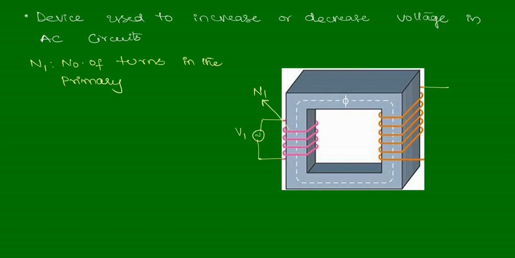And this is called the secondary circuit where we will connect a load resistance, across which we will measure our output, or any circuit appliance will be connected.